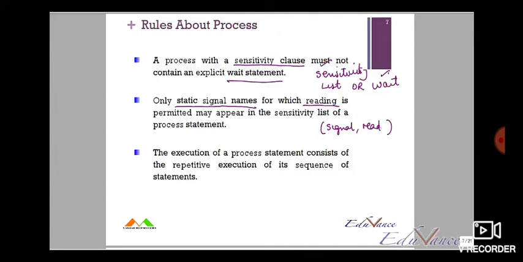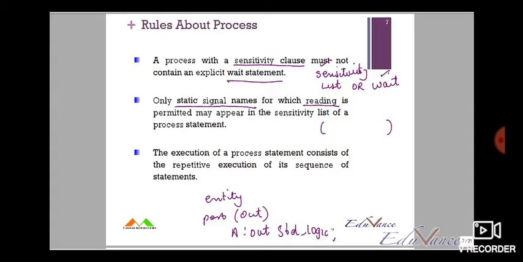Please understand that in your sensitivity list you can place only signal names which you can read. So for example, say in your entity you have a port of type output. Let's say A is of the type out, standard logic. I'm sure you are familiar with this by now.